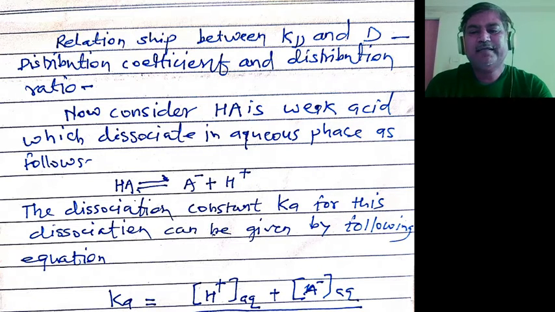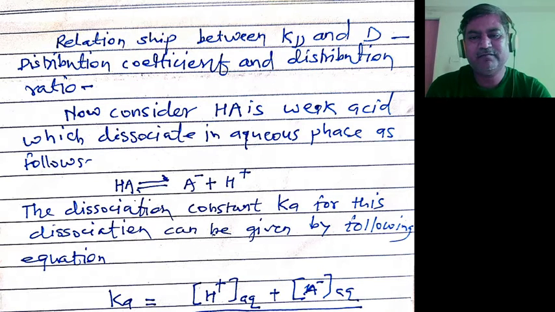Now once again, consider HA, the weak acid which is dissociated in aqueous phase, as HA is in equilibrium with A minus plus H plus.